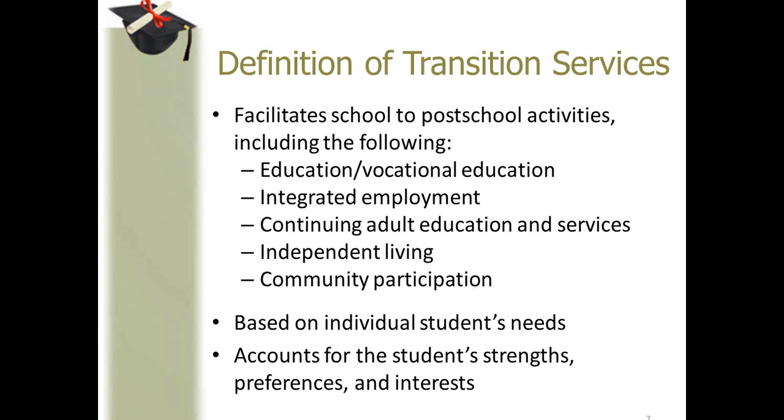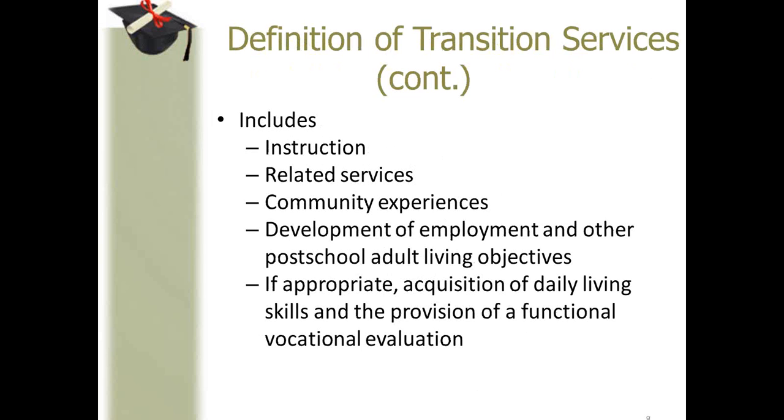It's critical that transition services are based on each individual student's needs and take into account the student's strengths, preferences, and interests. Transition services also must include instruction, related services, community experiences, employment, and post-school adult living, with consideration for development of goals or objectives if necessary, and if appropriate, the acquisition of daily living skills and provision of a functional vocational evaluation.